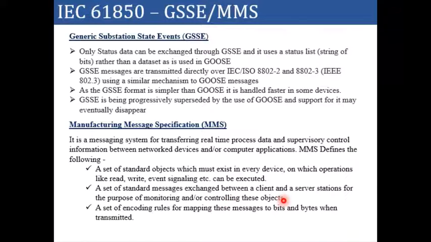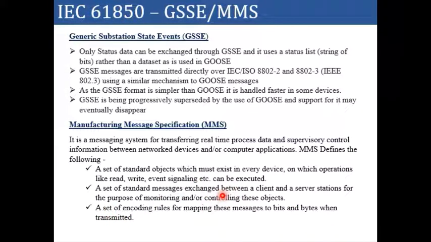So from the control center, if you want to monitor that object or the device which is connected at the substation, you need MMS for extracting the data and controlling the device remotely.